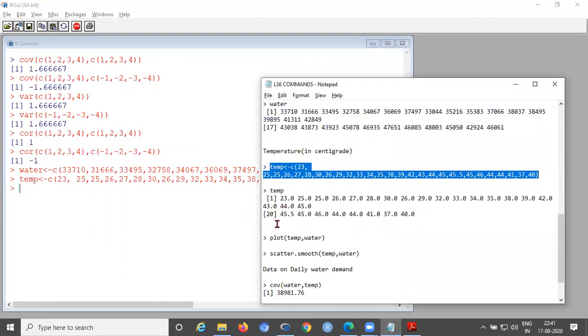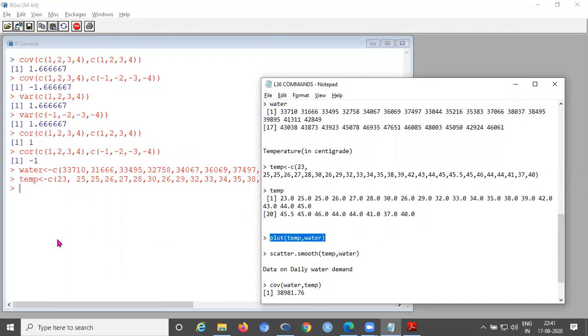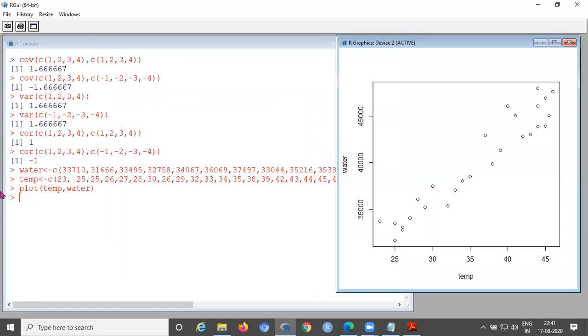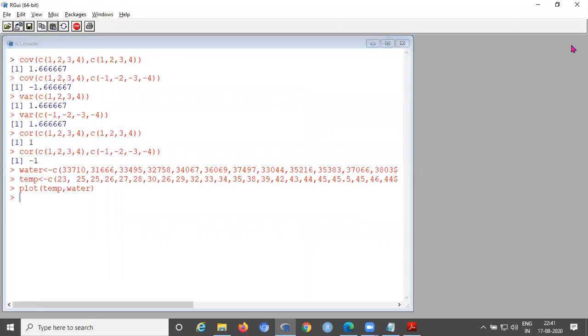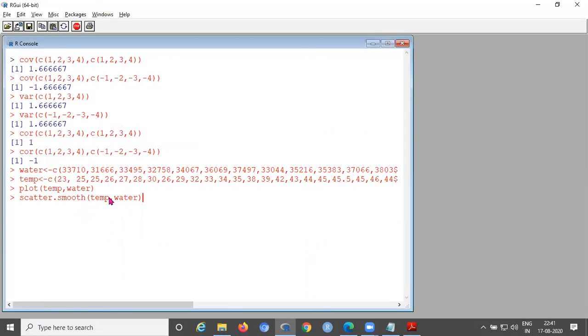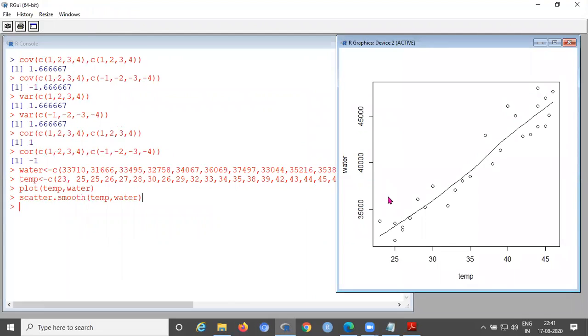Now, if you want to see the plots again, what we demonstrated in our earlier lecture: this is a normal scatter plot with the points, a combination of water and temperature. Then see the smooth scatter plot using scatter dot smooth temperature, water. Now you can see the smooth line. Above, below, and on the line, the points are located based on the observations.